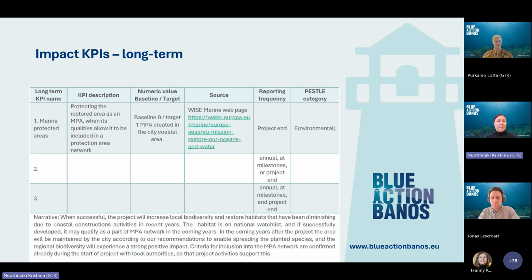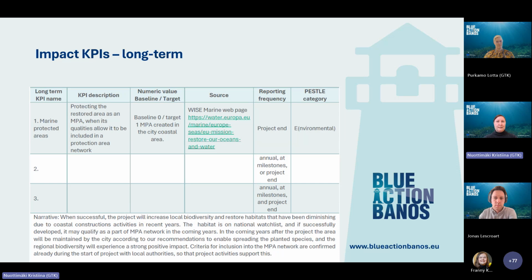Then there are some long-term KPIs that you have identified. So basically this follows the same logic. It supports the marine protected areas, and you describe it as protecting the restored area as a marine protected area, an official designation when its qualities allow it to be included in the protection area network.